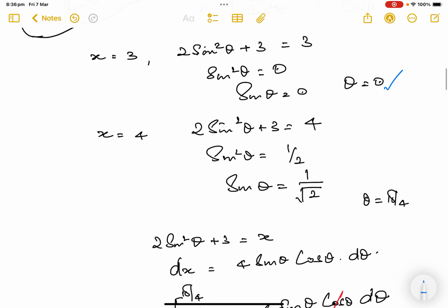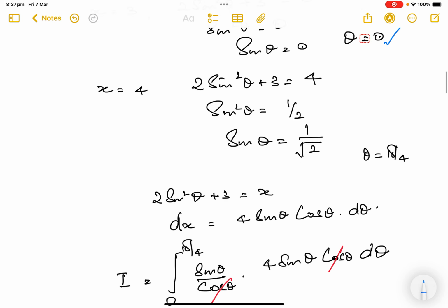Then the upper limit, x equal to 4, 2 sine squared theta plus 3 equals 4. Take 3 to the other side, 4 minus 3 is 1. So 2 sine squared theta equals 1, sine squared theta equals half, sine theta equals 1 over root 2. From that, theta is pi by 4. So we have found the limits for theta as well, and the function is changed into a function of theta.